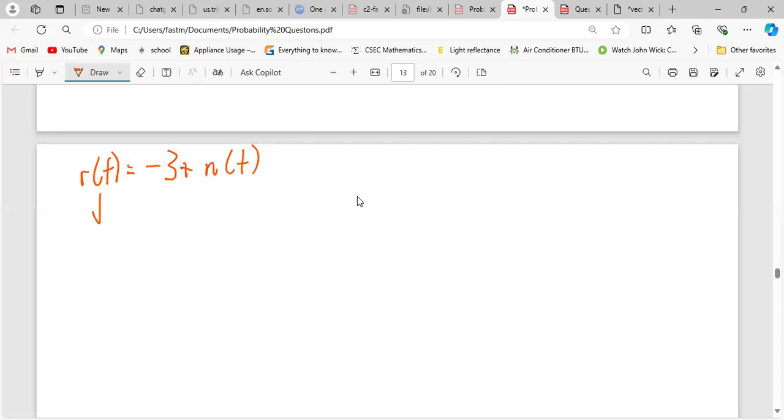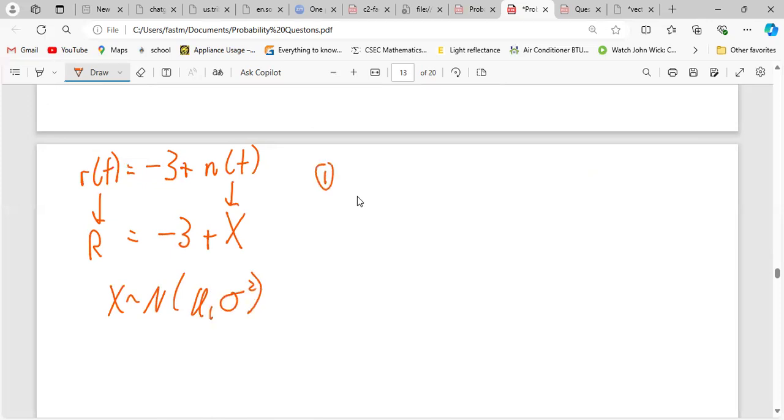For simplicity, we let that be R minus 3 and we let this be X. So X follows a normal distribution. So we need mu and we need sigma squared.